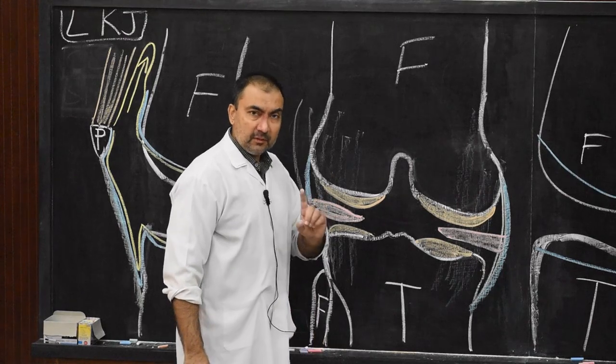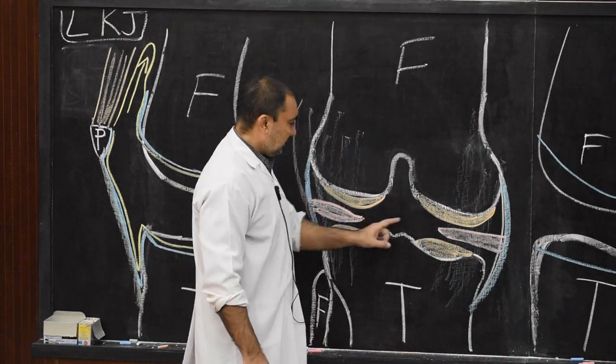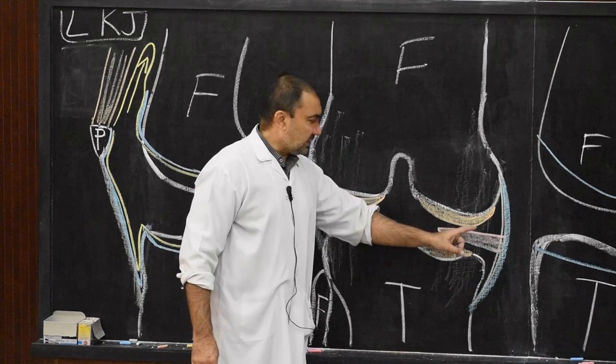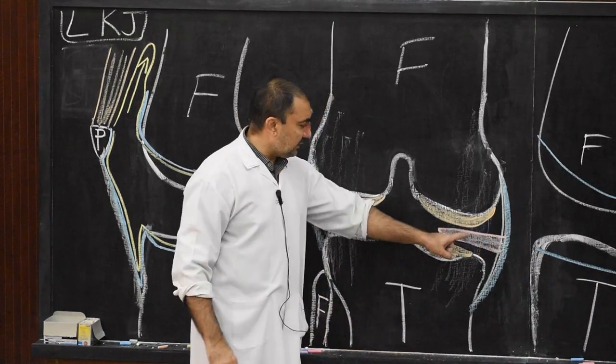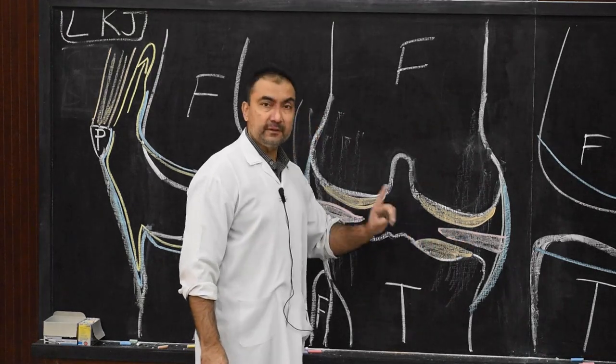So this is how I am showing the medial menisci. Please note down, once again I am telling you, the menisci will be attached on the inner surface of the capsule. But the synovial membrane will not cover the surface of the menisci.